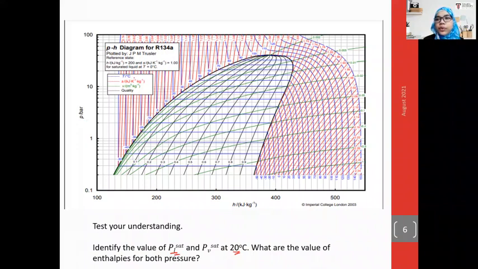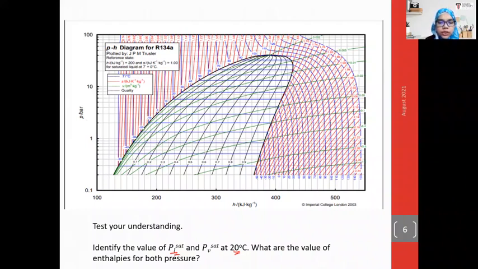The blue color here is the information about the temperature, and we have the entropy represented by the red line. And then we have the molar volume and also its quality here.